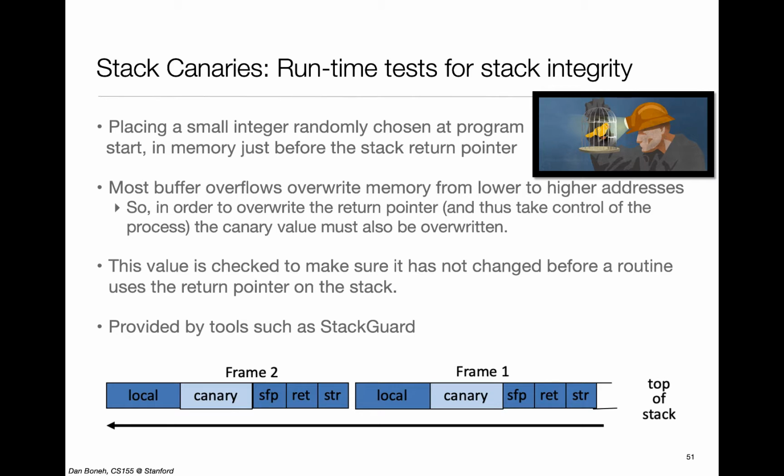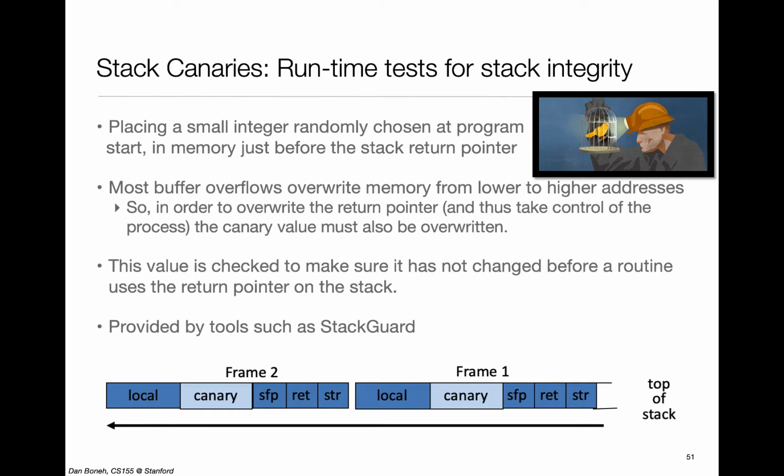So in this case, we're using a small integer randomly chosen at the program start that we place in the stack before the stack return pointer. And most buffer overflows overwrite memory from lower to higher addresses. So in order to overwrite the return pointer, it would also need to overwrite the canary.